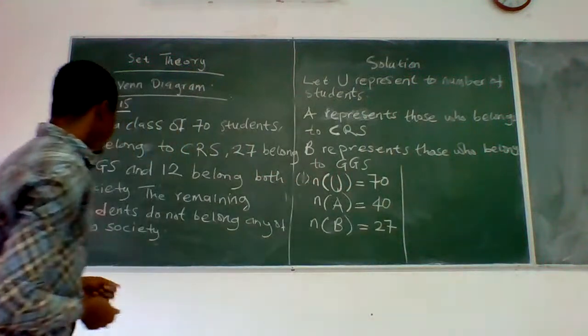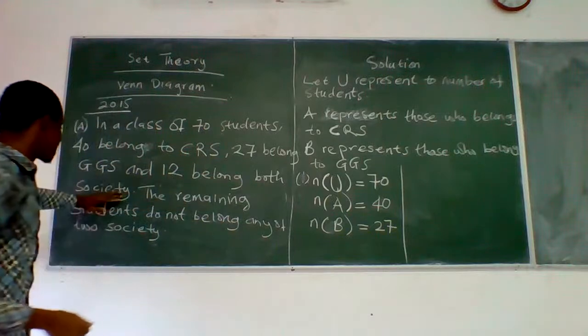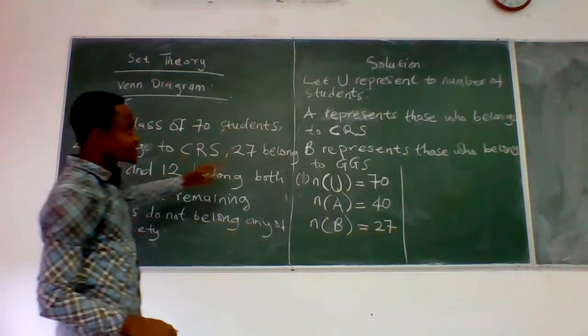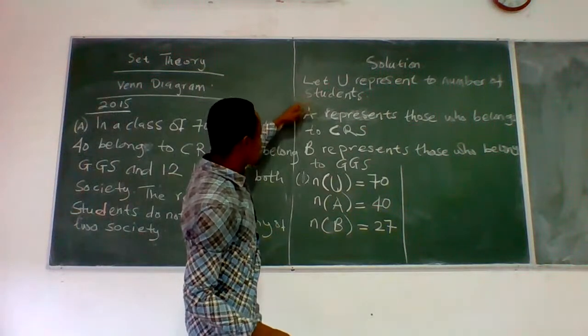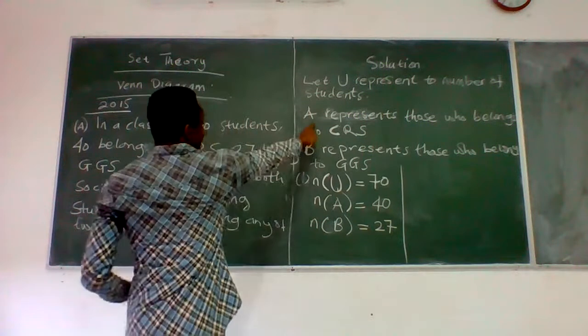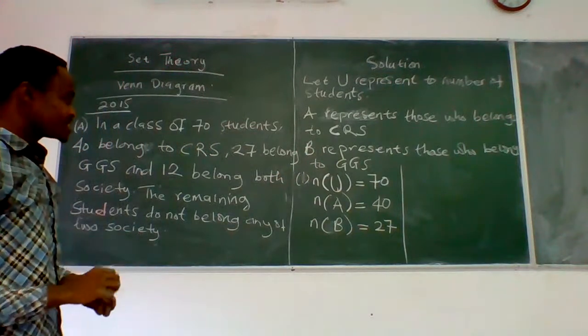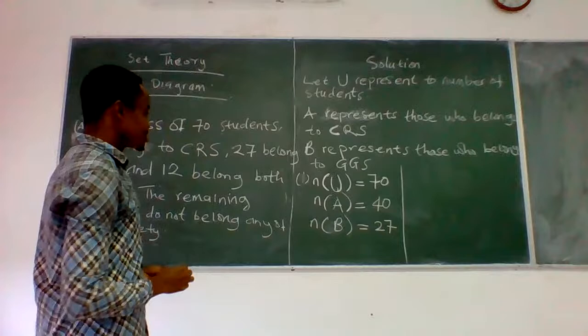So now we have this 12. You see, 12 belong to both societies. The two sets that you have are A and B. So when you say something belongs to both sets, it means its intersection.